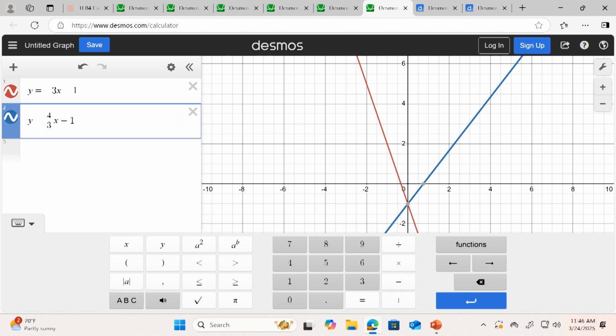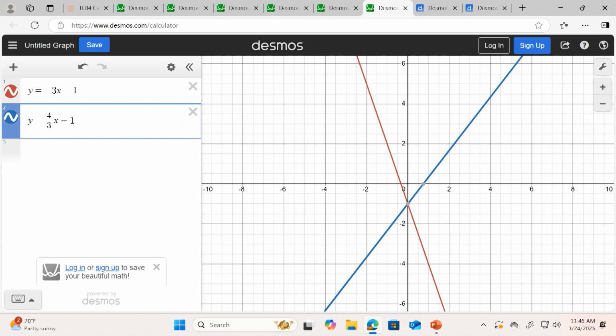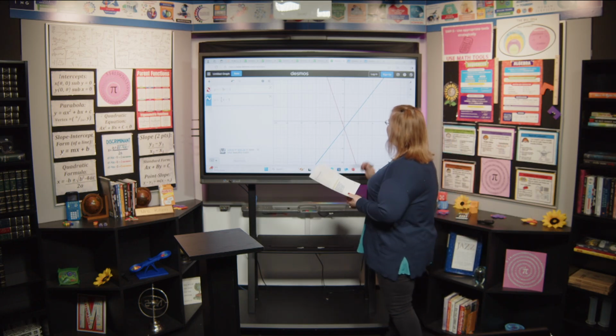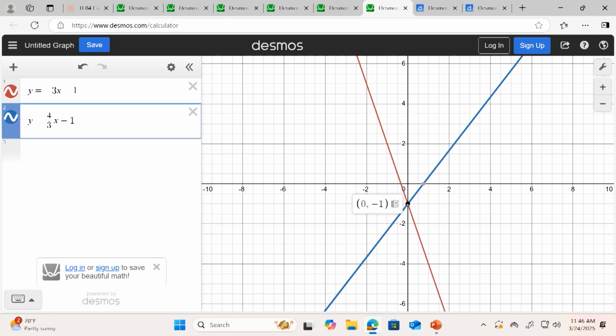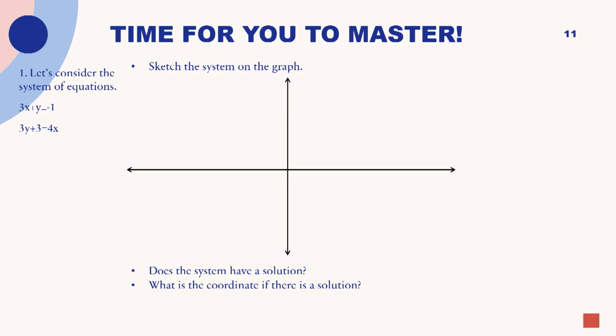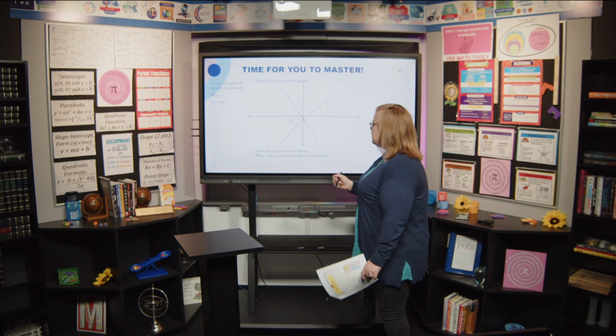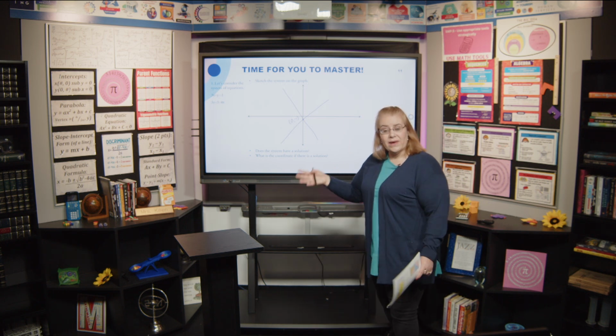All right, so now that we've got the equations put in correctly, I see that my solution is at 0, negative 1. So when we go back to our question, it says sketch. So at 0, negative 1 is about where my two lines would intersect. And it says, does it have a solution? Obviously, it's at 0, negative 1.